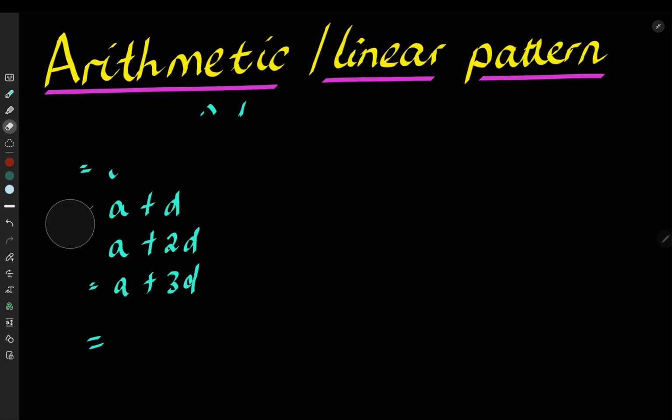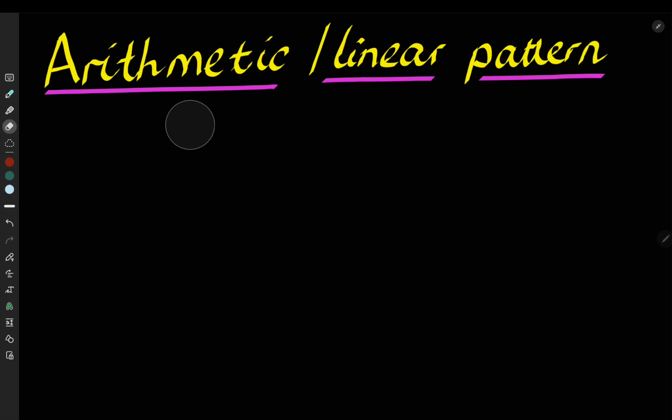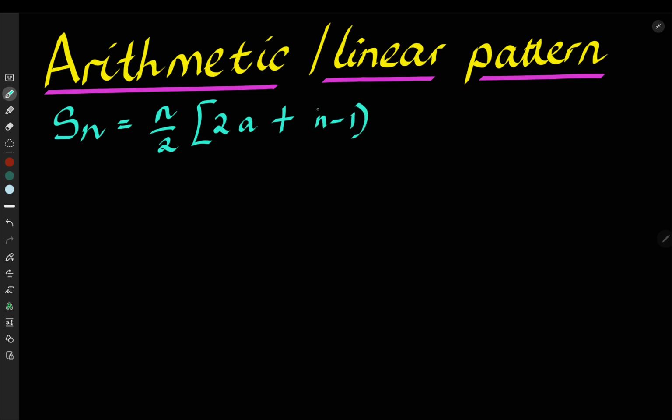Now, with that in mind, the other thing that you can be asked to determine for an arithmetic sequence is the sum of the arithmetic sequence. So if you are given the arithmetic sequence and they say calculate the sum of the first 8 terms or 10 terms or 100 terms, you just use the formula: the sum of the n terms Sn is equal to n over 2 times (2a plus (n minus 1) d), where a is, again, remember, the first term, n is the number of terms, and d is the common difference.